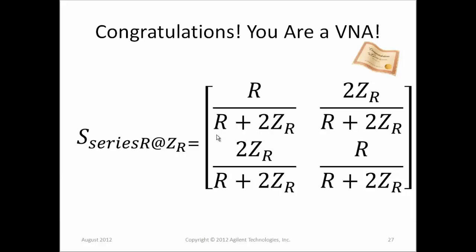So welcome back. If your calculations came out to be equal to this, you're now a fully qualified vector network analyzer. These are the S parameters for a series impedance of resistance R, given that the S parameters have a reference impedance ZR.